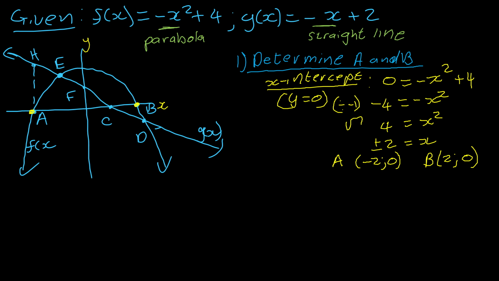Now, along with this, a next question we can then ask you is to determine the y-intercepts, or in this case, not y-intercepts, to determine the coordinates of, well, it says there F, and then I did not indicate it, but F and G. Now, by taking a look at your sketch, F and G is where your two functions intersect or cut through the y-axis.